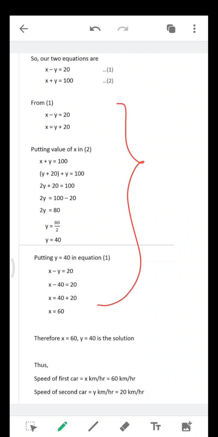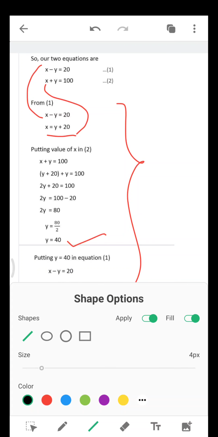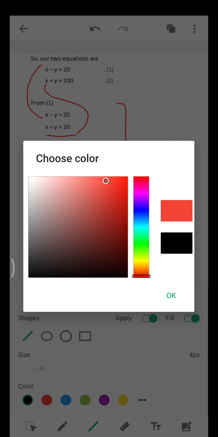We are taking equation number 1, taking the x value from equation 1 and putting it back in equation number 2, and simplifying. We got y equals 40 and x equals 60. So the speed of the first car is 60 kilometers per hour and the speed of the second car is 40 kilometers per hour.